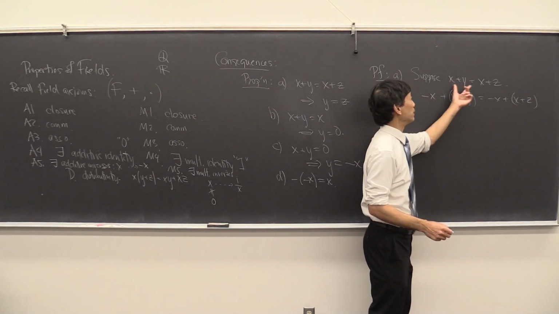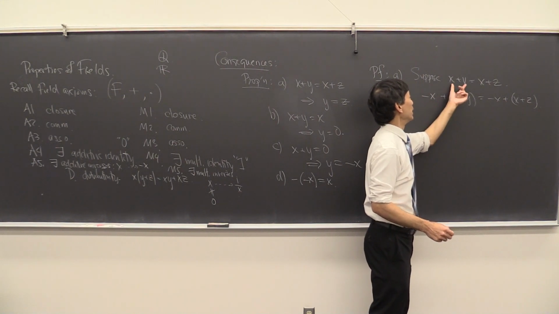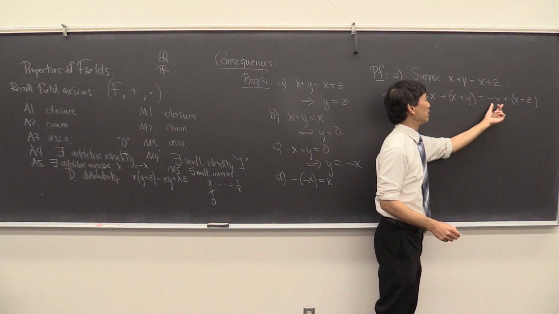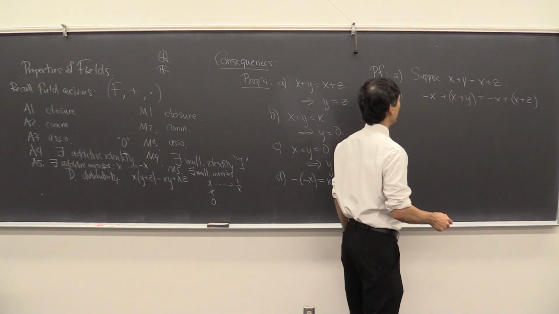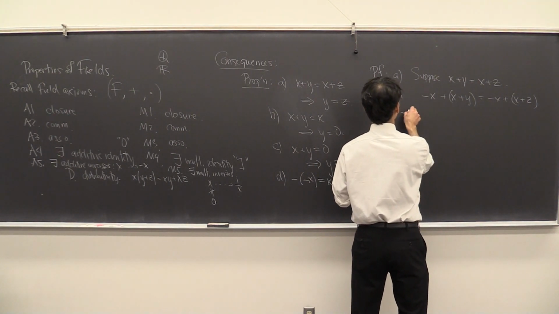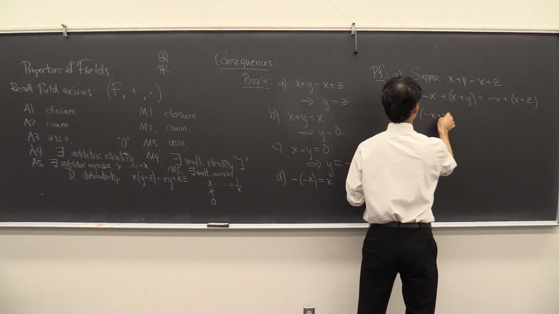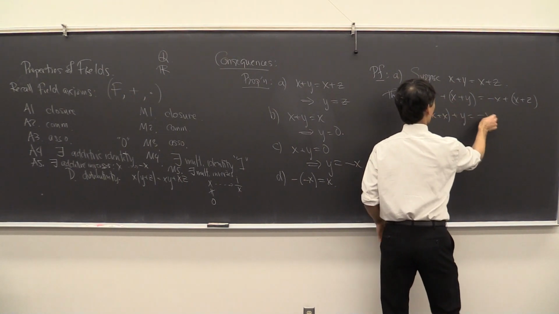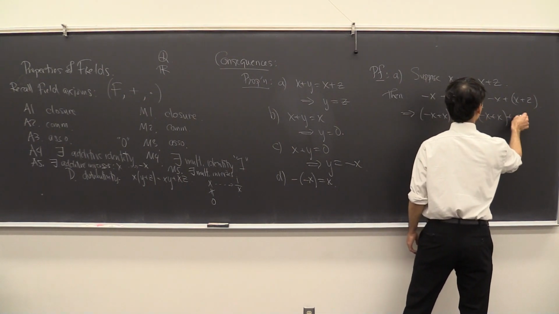This is the same thing as that, so this plus that is the same as this plus that. Then negative x plus x plus y equals negative x plus x plus z.